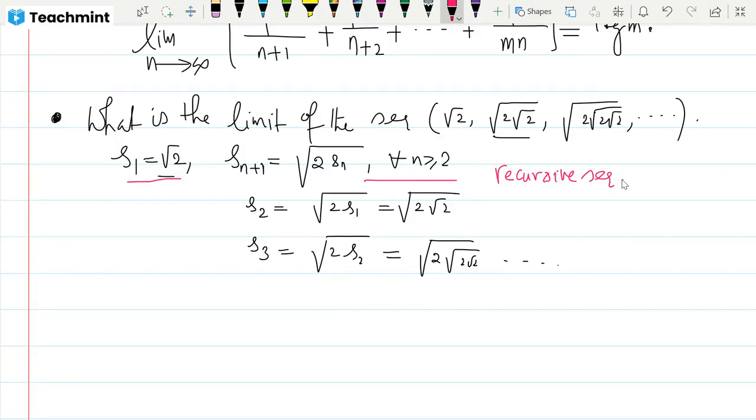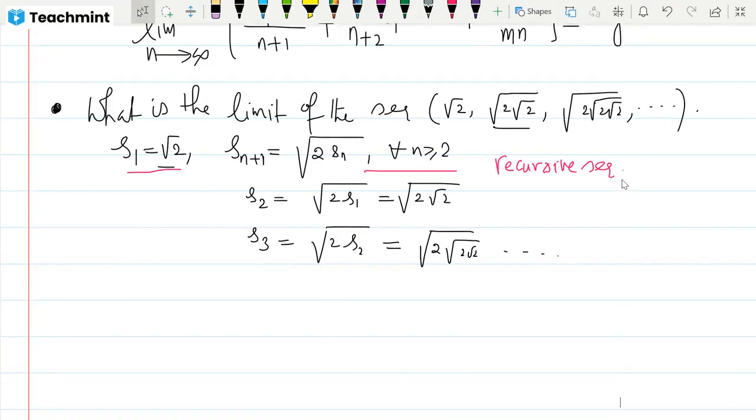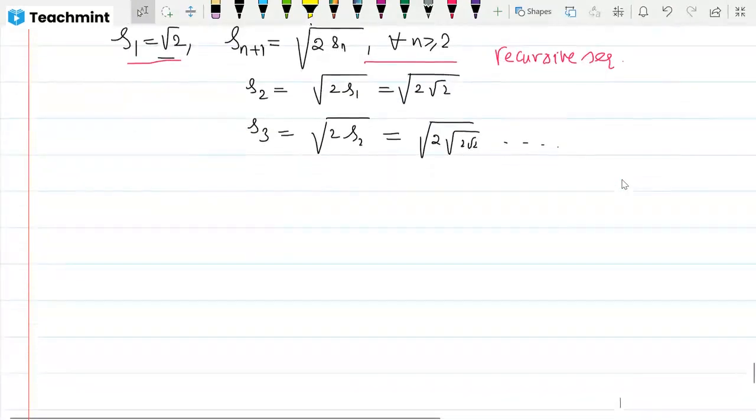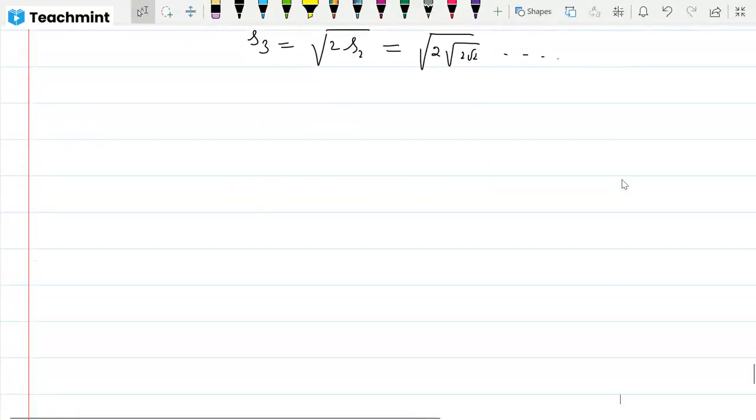Now we want to find whether the given sequence is convergent or not, and we are trying to find the limit of the sequence also. Again we are using the monotonic convergence theorem, sir. Look, the first term is root 2. 1 is always less than root 2, right?